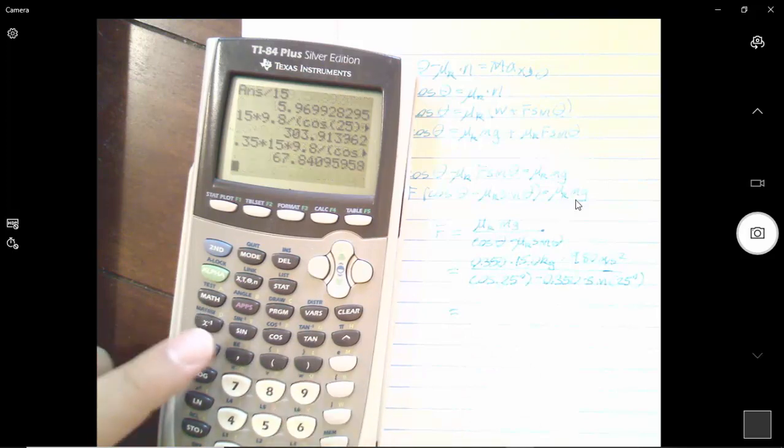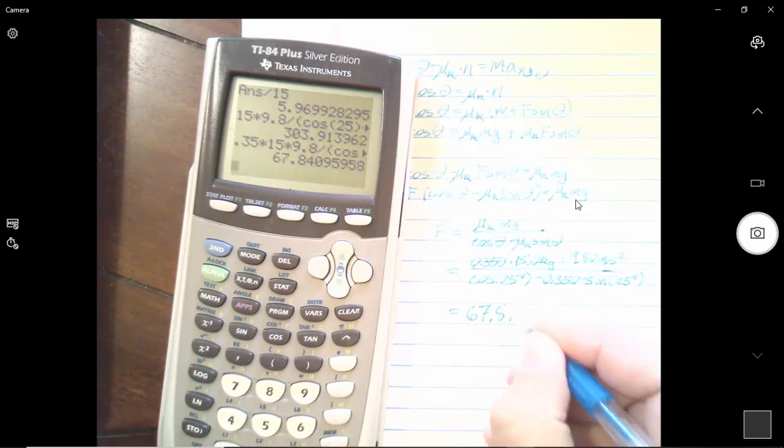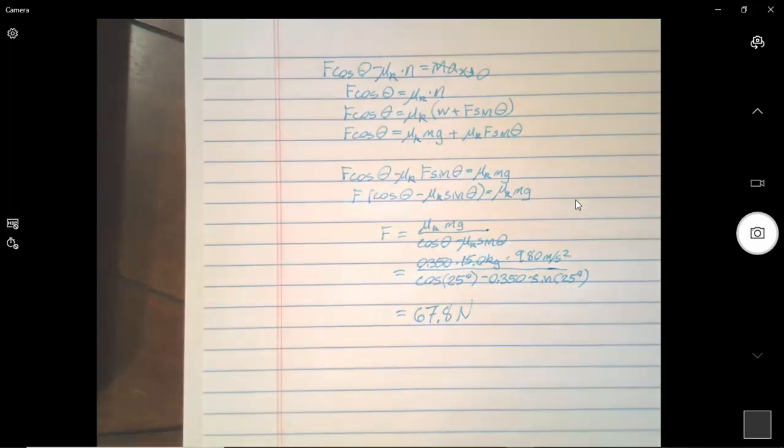We get 67.8 newtons, which of course is considerably less than the 125 newtons that Gemma was pushing with before. And that should match our instinct about what the solution should be.